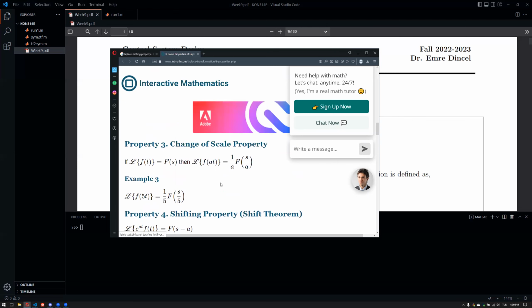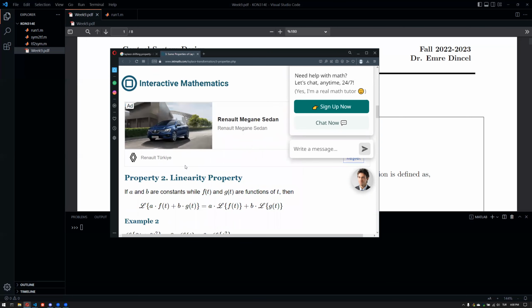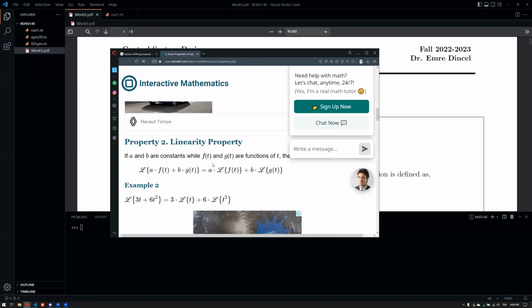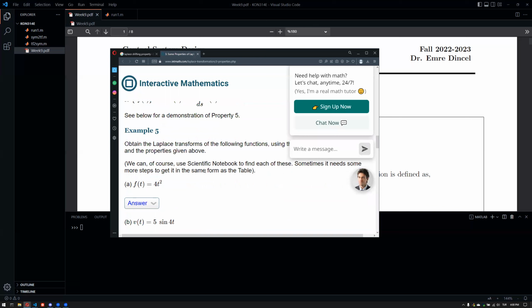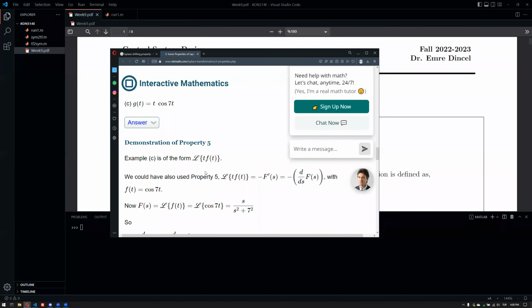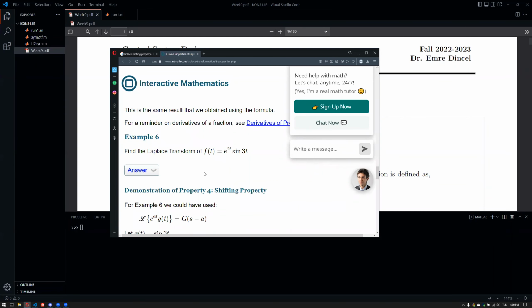There's also the time domain shifting property. I'm not sure if it's shown here. There are two shifting theorems. One of them is in the time domain, but the same applies for the Laplace domain. I couldn't find it for some reason.